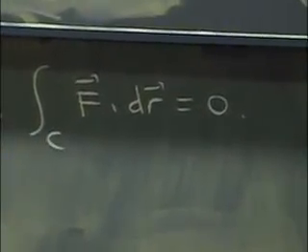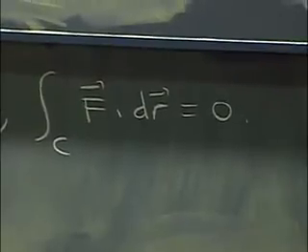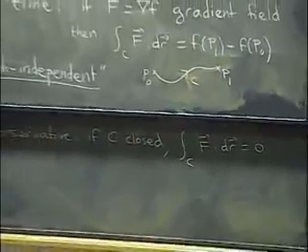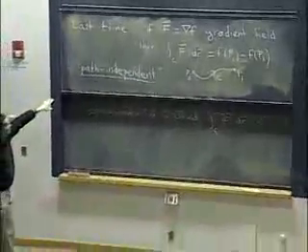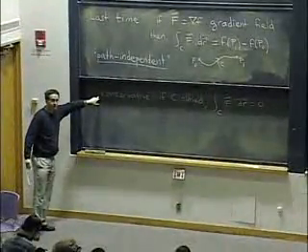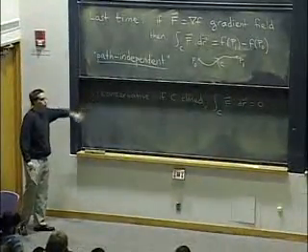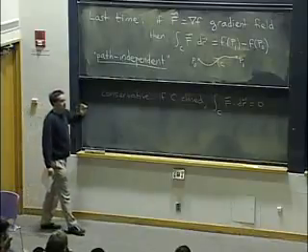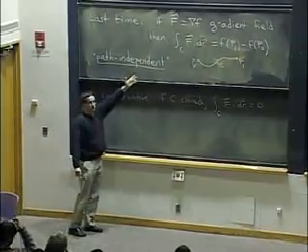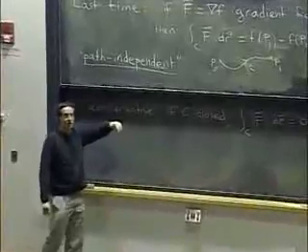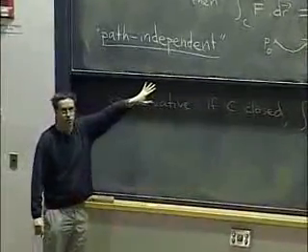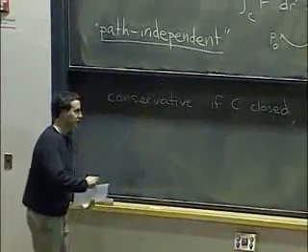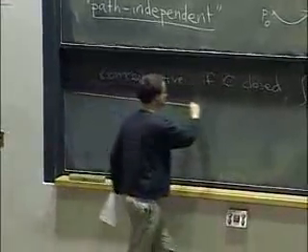Basically, we say that these properties are equivalent: being a gradient field, being path independent, or being conservative. And what I promised you is that today we would see a criterion to decide whether a vector field is a gradient field or not, and how to find the potential function if it is a gradient field. So that's the topic for today.